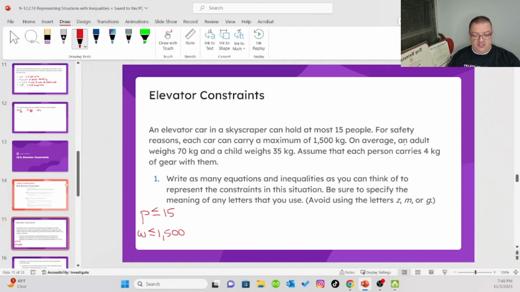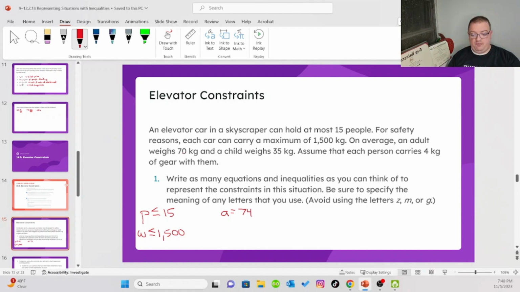On average, an adult weighs 70 kilograms, and we have to assume that each person carries 4 kilograms of gear with them. So we could say that every adult is going to equal 74.